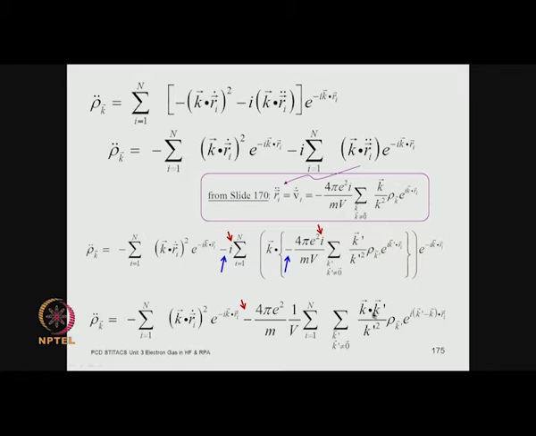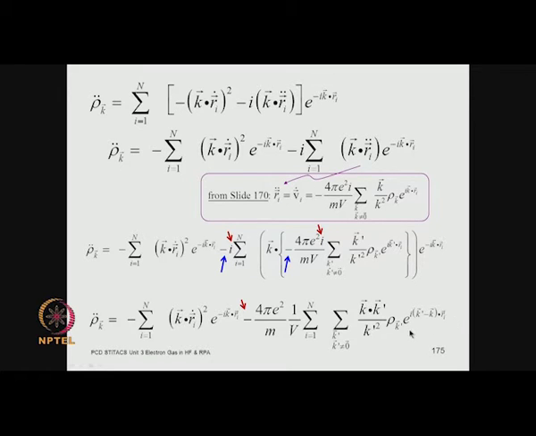So that is coming over here in the numerator, you have got k prime square in the denominator, you have got the Fourier component rho k prime, and then you have got the product of these two exponential functions, which gives you e to the power i (k prime minus k) dot r_i.